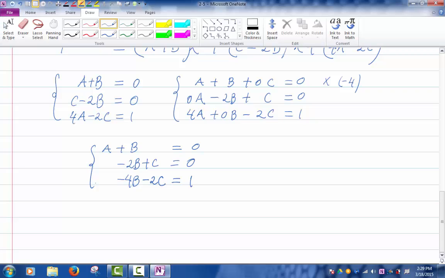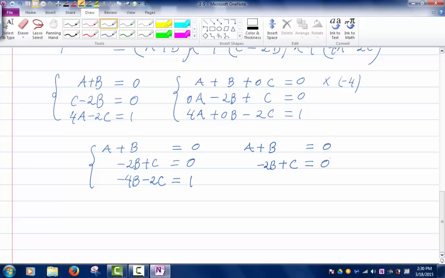Now all the coefficients of a are 0 except for the first one. Now I look at the second two equations. I'm going to now annihilate the coefficient of b in the third row. I'm going to write negative 2b plus c equals 0.